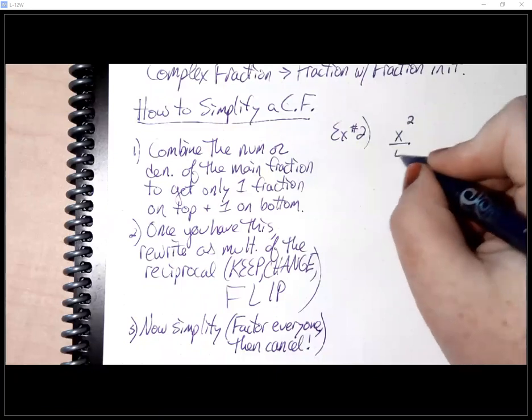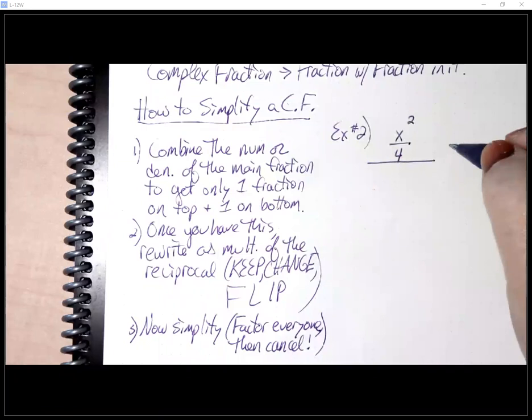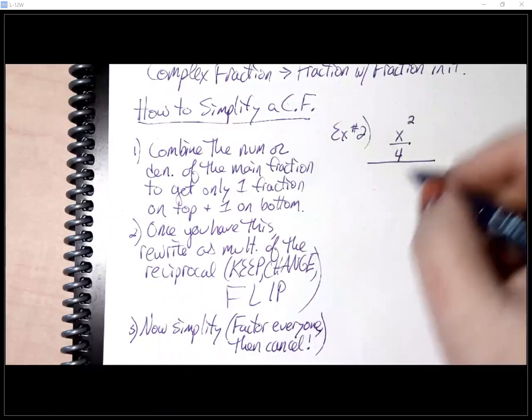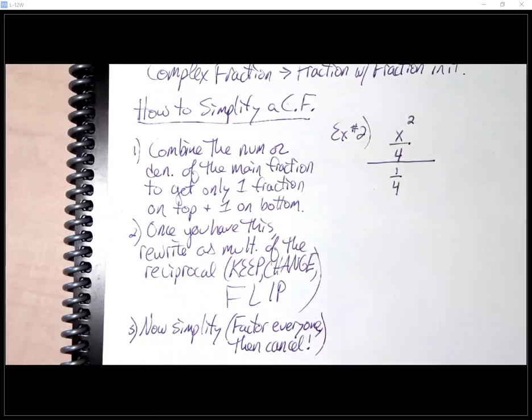I always like to draw with a bigger fraction bar when I'm writing it, just so I can clearly see the main fraction and then these little sub fractions. It's always the one in the middle that is the big one, right? Yes. So if you just elongate the middle one, I think that will visually help you.